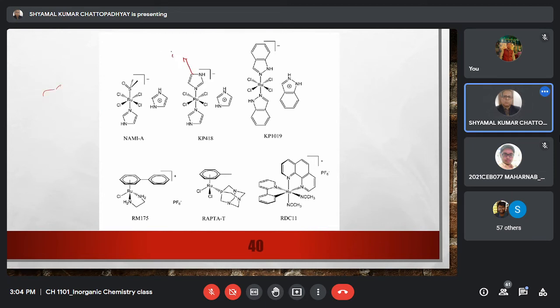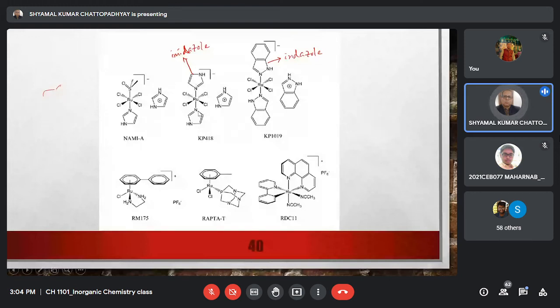This group is imidazole, and this group is called indazole. Okay, indazole. So very similar, RuCl4 moiety, and then we have 2 nitrogen donors like here.